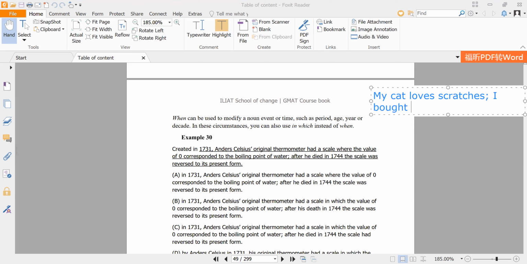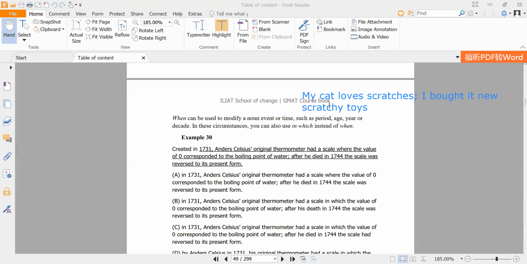I bought it a new scratchy toy. Right. So in this particular example, you have a pronoun, and that is it. The word it here refers to the noun that precedes it, which is my cat. So cat is the antecedent in this case. So for it to be properly used, it must have an antecedent. And in this case, it does have an antecedent.